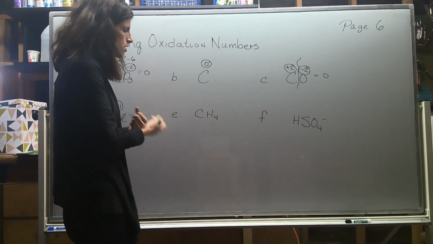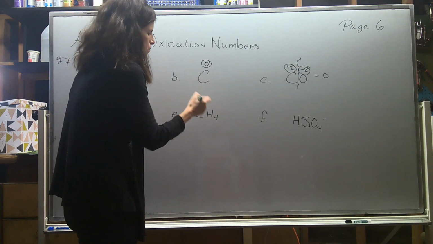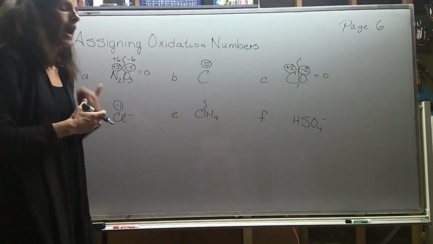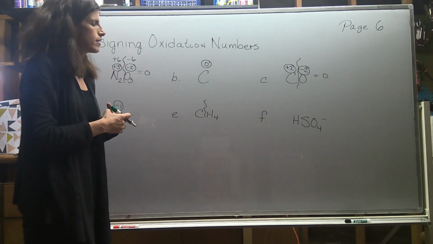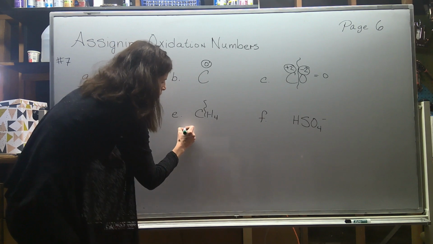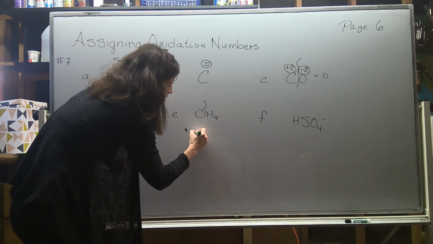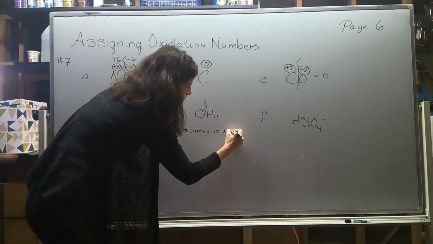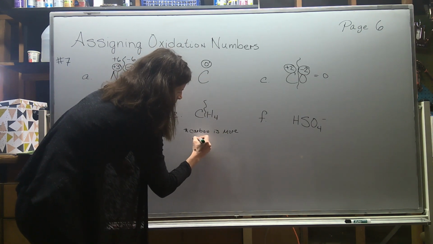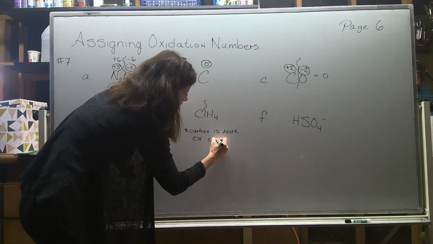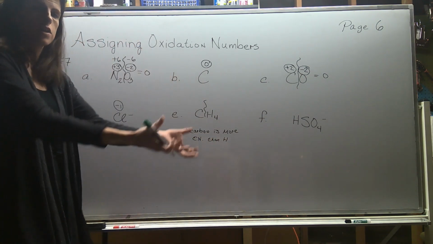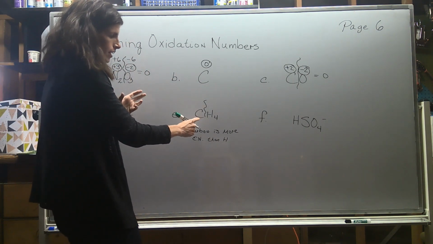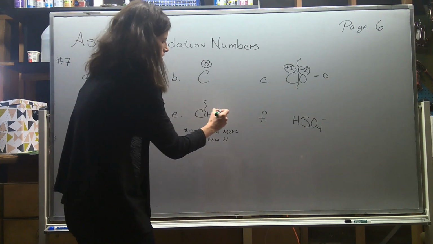Here, this is methane. It's a little bit trickier than some of the other problems. So one would have to know or be aware of the fact that carbon is slightly more electronegative than hydrogen, which means that the carbon, because it has the greater propensity to pull in electrons, will be negative, and the hydrogen will be positive.